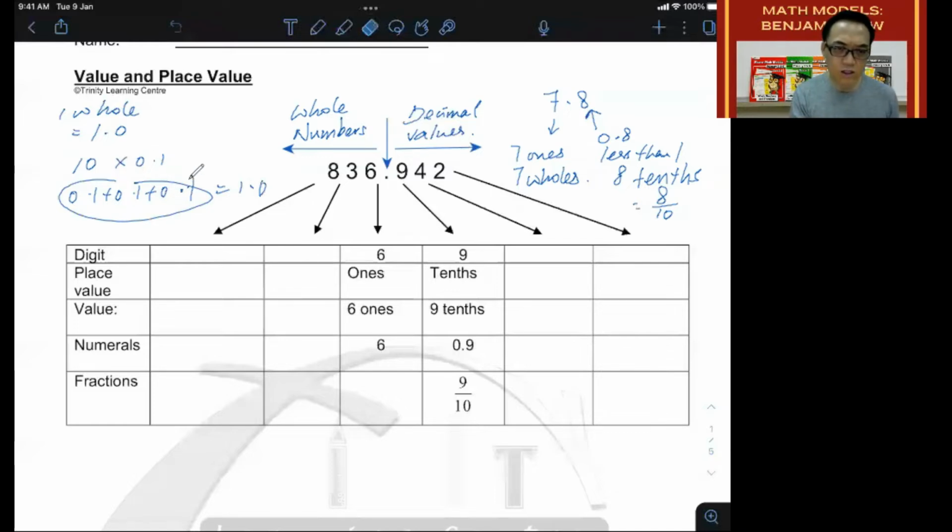And each of these 0.1 is 1/10 of 1 whole. Hence, we call the first number tenths. That is the logic behind decimals. It is part of a whole number.